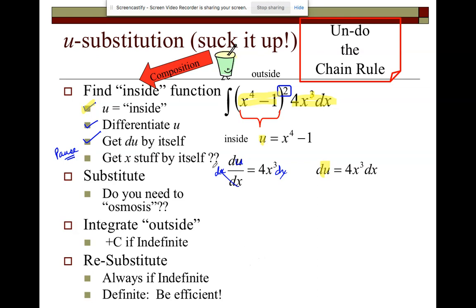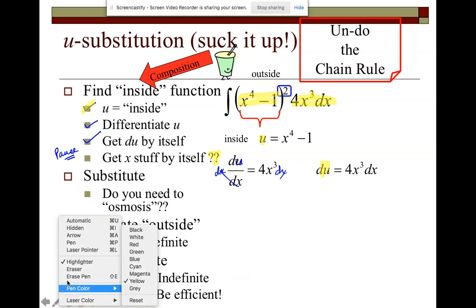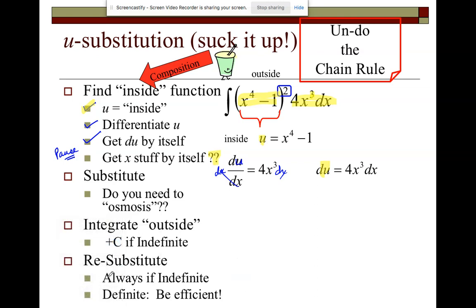Ask yourself a question. Do you have everything in the integrand covered up except for the outside function? Yes, right? U and du have colored everything up except for the 2, the squaring.